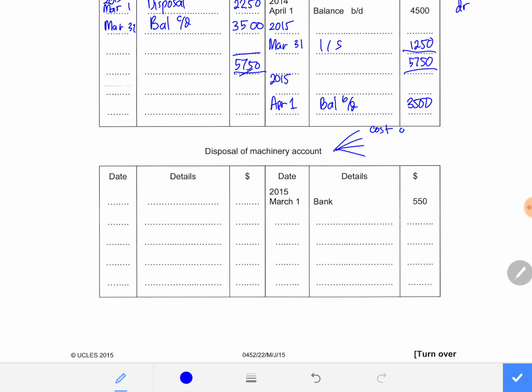First is cost of disposed asset. Second, provision of the disposed asset. And then proceeds. Proceeds is the selling price. Last one, profit or loss on disposal.